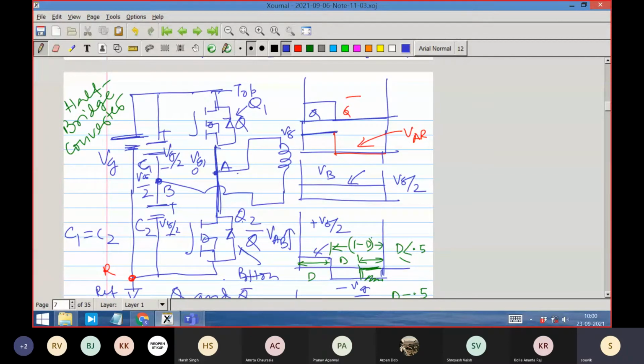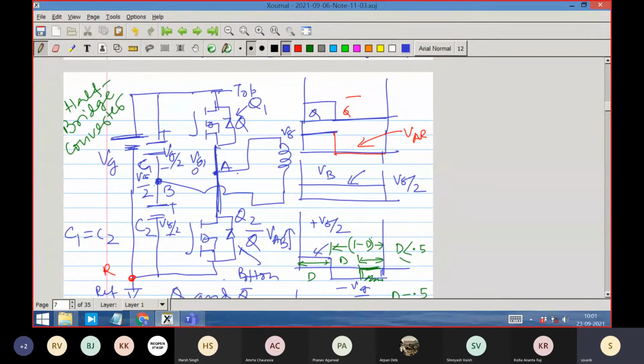They are across the supply, and there are two capacitors put in series across the supply voltage Vg also, and the intermediate point B is the connection joining these two capacitors. So that is how B is obtained.